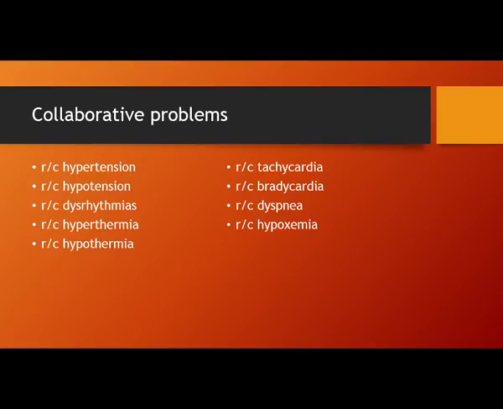Risk of complications for hyperthermia, and also for hypothermia. And then, of course, tachycardia and bradycardia, that's the heart rate is fast or the heart rate is slow. And then risk of complications for dyspnea or for hypoxemia.